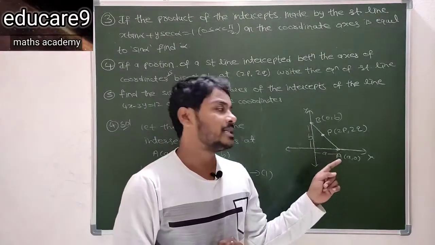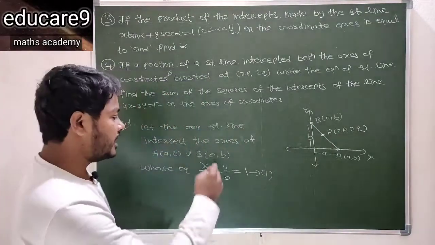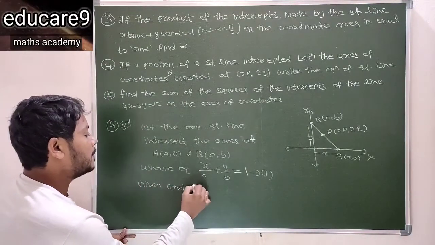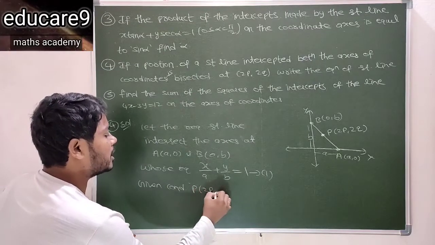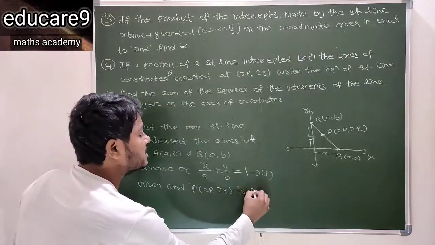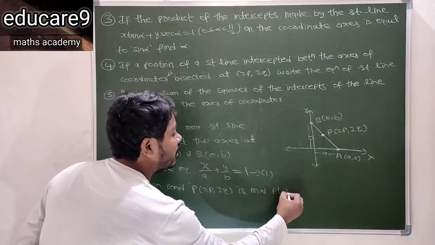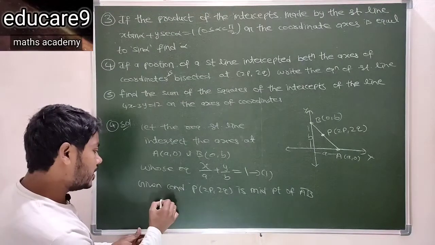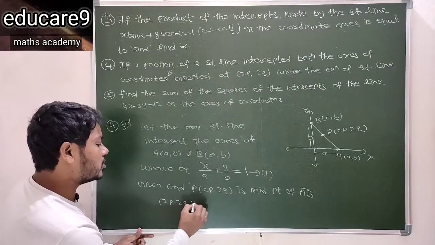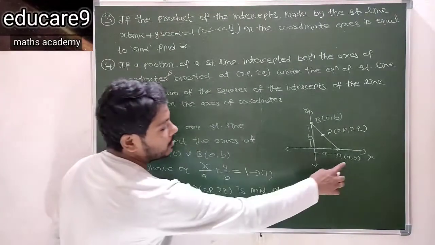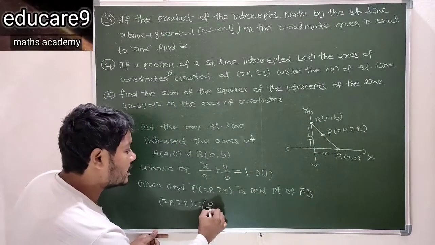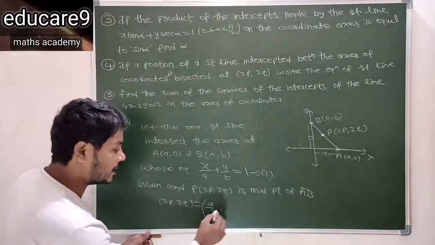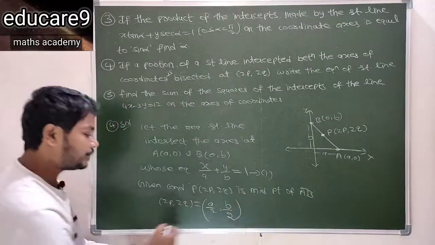Now the straight line is bisected at the point P. So clearly the given condition: P, 2p comma 2q, is the midpoint of AB. So clearly 2p comma 2q is equal to what? x1 plus x2 by 2, a plus 0 by 2, that is a by 2, and y1 plus y2 by 2, that is 0 plus b by 2. So you will get b by 2.